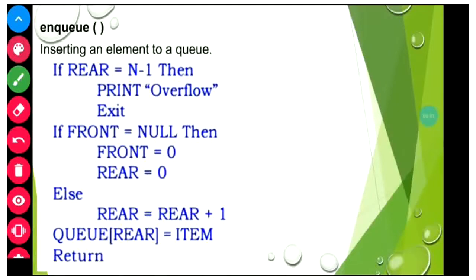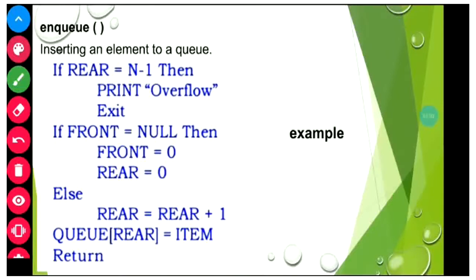If the queue is empty, that is if front is equal to null, then just front and rear are made to point to the 0th position. After that, item will be inserted, that is queue of rear is equal to item. At the 0th position, the first item will be inserted. Otherwise, just increment the rear pointer. Rear is equal to rear plus 1, and then at that position new item will be inserted.